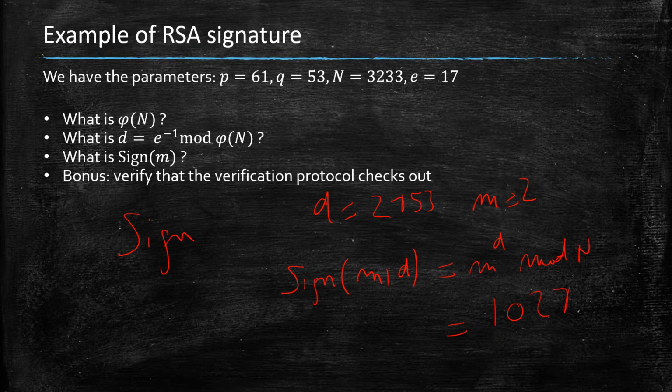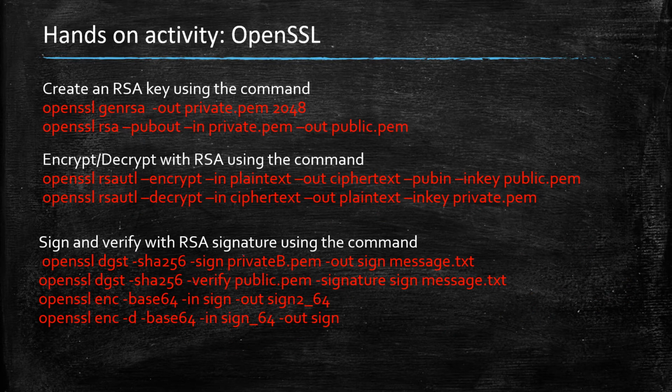When you raise the signature to the e, you retrieve 2, and that operation tells you that the signature was legitimate.